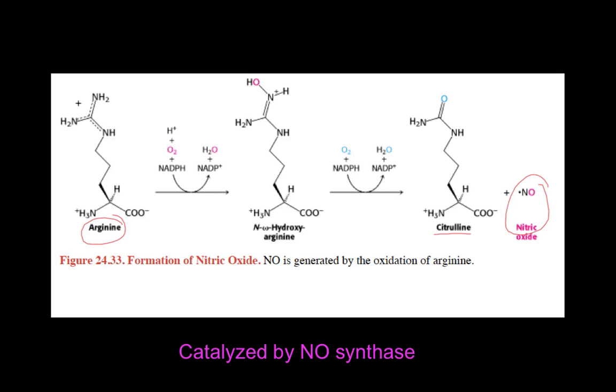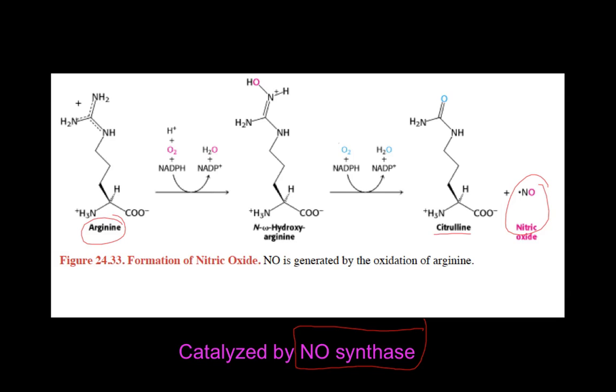And the enzyme that catalyzes this reaction is called nitric oxide synthase. So easy to remember. So if you want to increase the amount of nitric oxide being produced in your body, you could increase the intake of arginine, because that's going to be converted to citrulline and nitric oxide.